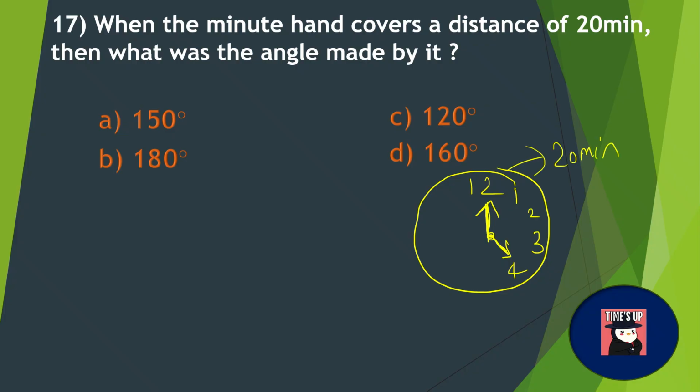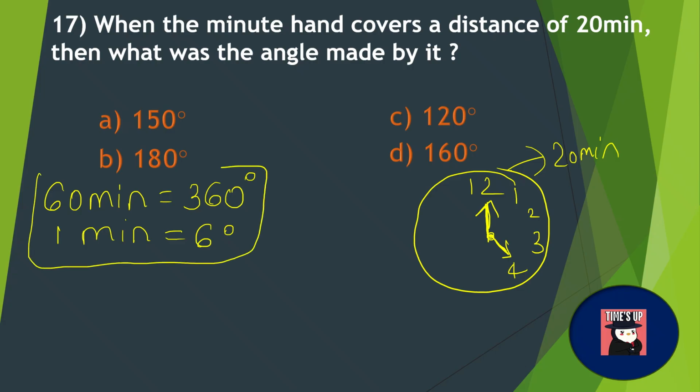And you know that 60 minute is equal to 360 degree. Correct? 1 minute will be 6 degree. This we have learned.